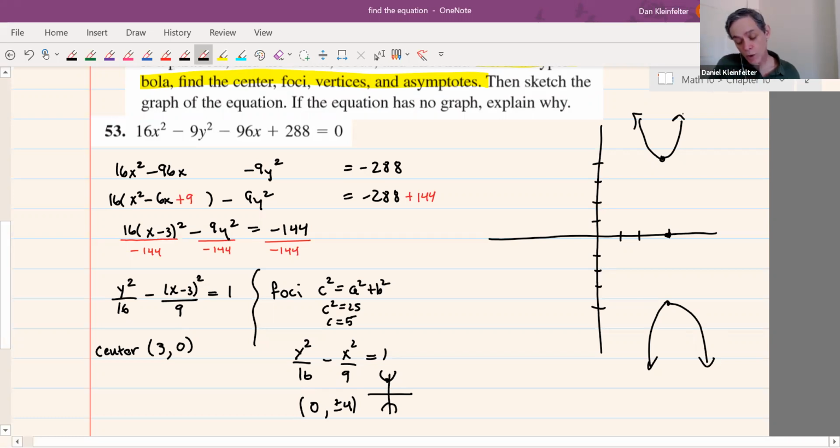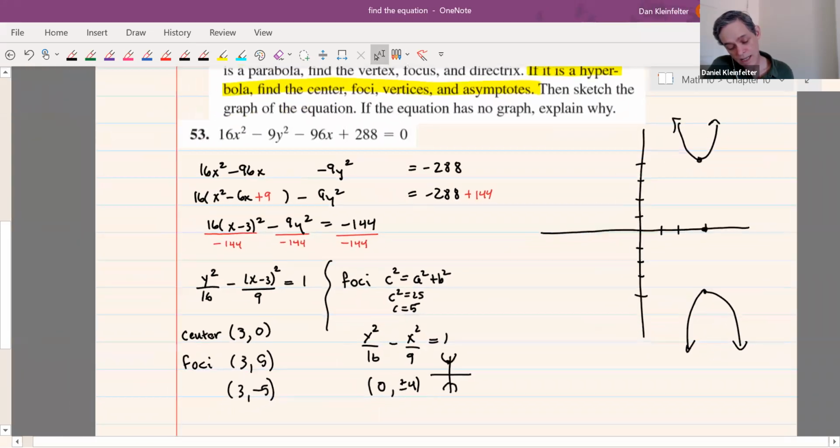So the foci will have to have the same x coordinate, that's 3, and they will be the center plus or minus 5. So the foci are at the x coordinate 3, and the y coordinate here was 0, so it will be (3, 5) and (3, -5).